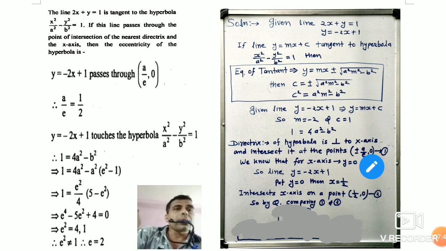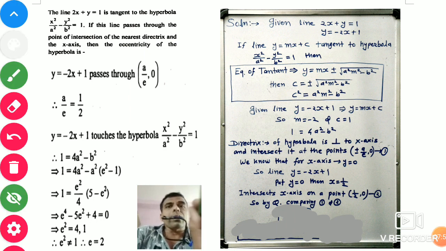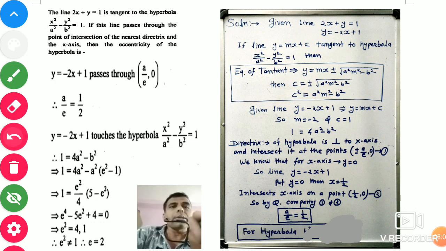This is point number 1, and this is point number 2. Now by comparing these 2 points we can find a upon e is equal to 1 by 2.